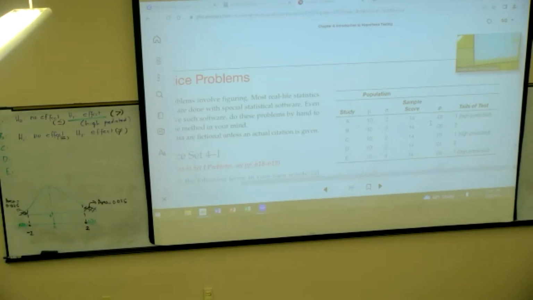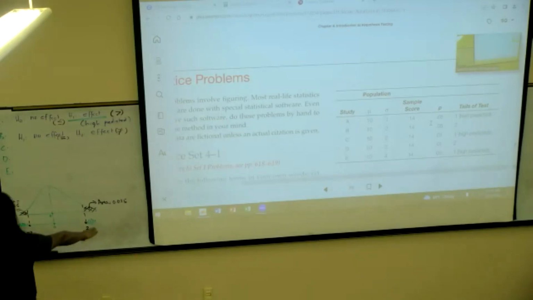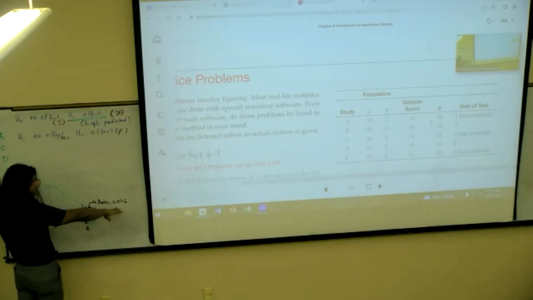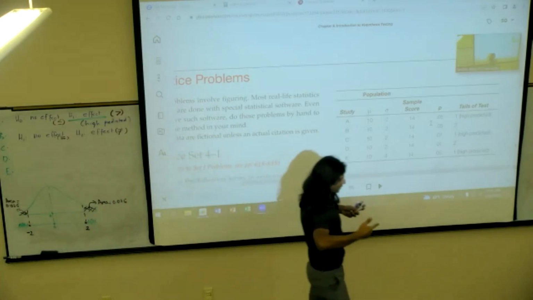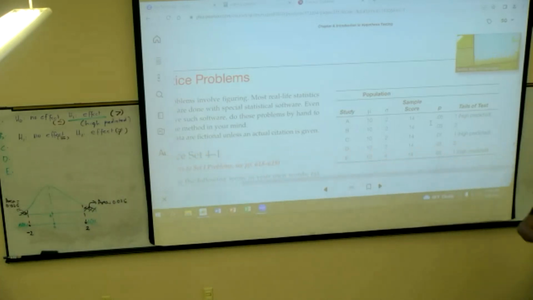Will the sample z-score change for study B? Riley says no. Do we agree with Riley? We divided the area. We did that part of it. So my question is, will the sample z-score that we computed for the previous study change?